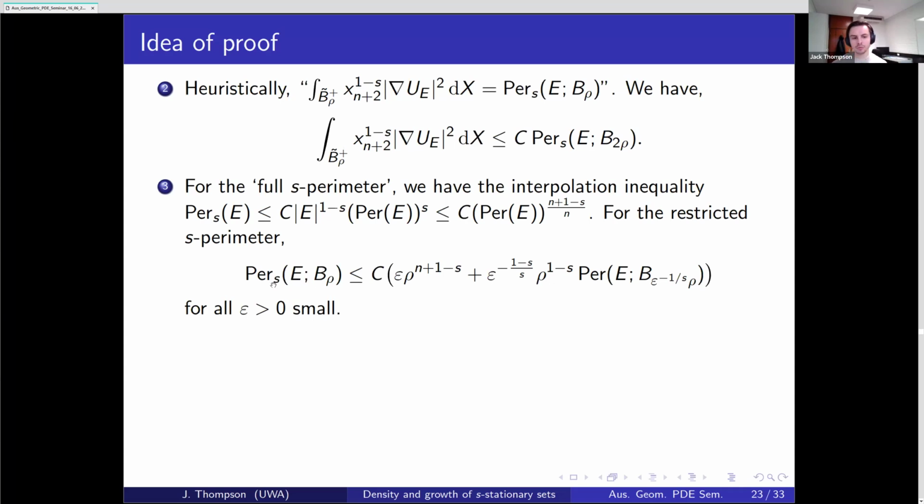So I can control the restricted S-perimeter of E essentially by the perimeter of E in a bigger ball plus an error. But the idea is that I can introduce an epsilon, so I can make the error arbitrarily small at the expense of making this constant here arbitrarily big.